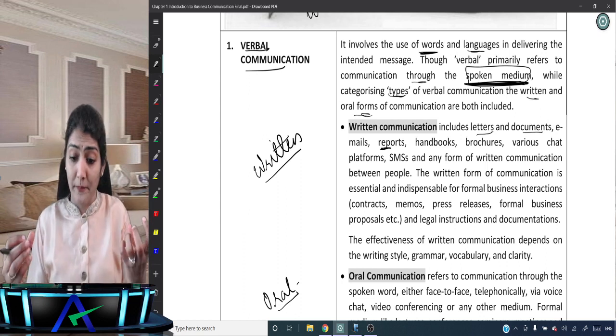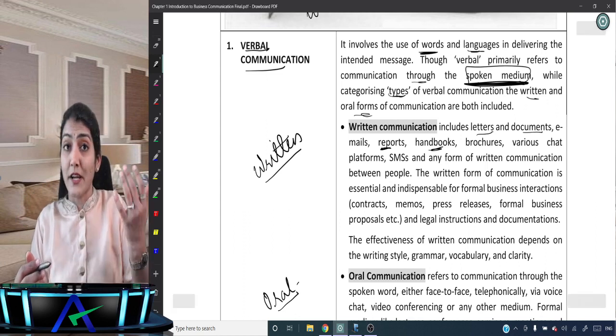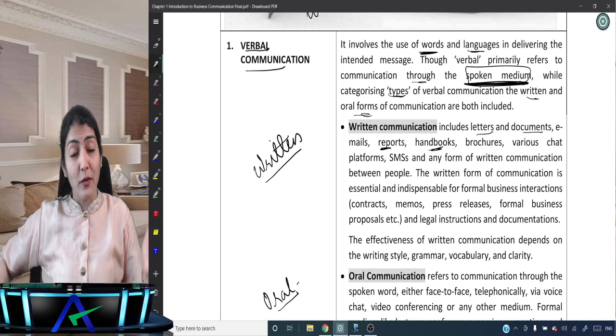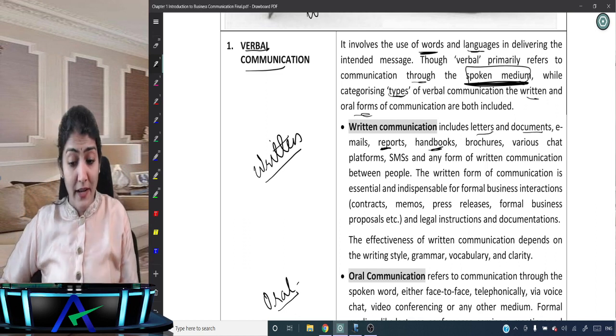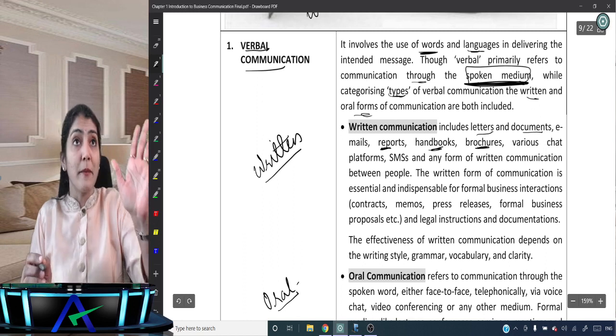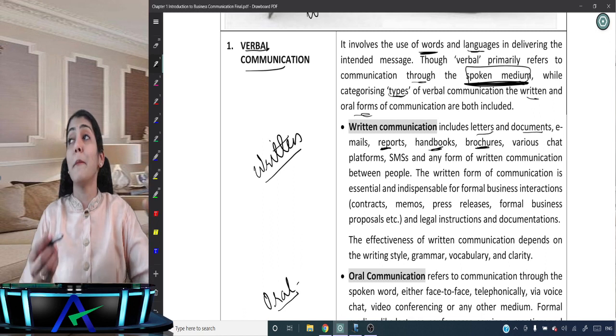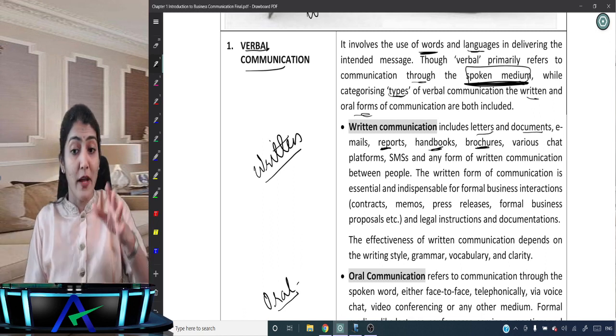It's in writing. Also a handbook, such as the one for the robotic vacuum cleaner, the robotic mop I talked to you about, and brochures giving information regarding any new product or particular event or program.